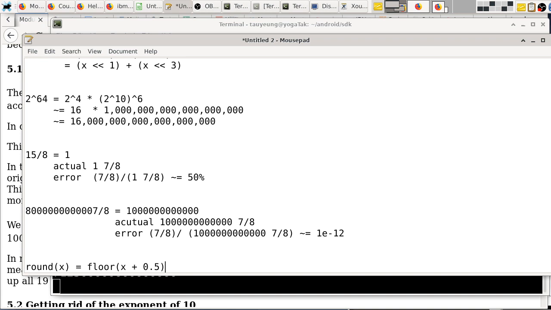So we want to take the round of 1.9. 1.9 plus 0.5 is 2.4. The floor of 2.4 is 2. Is 2 the rounded version of 1.9? Yep, that works. Let's give it a boundary case, which is 1.5, okay? 1.5 plus 0.5 is 2. The floor of 2 is 2. Okay, so it looks like this works.